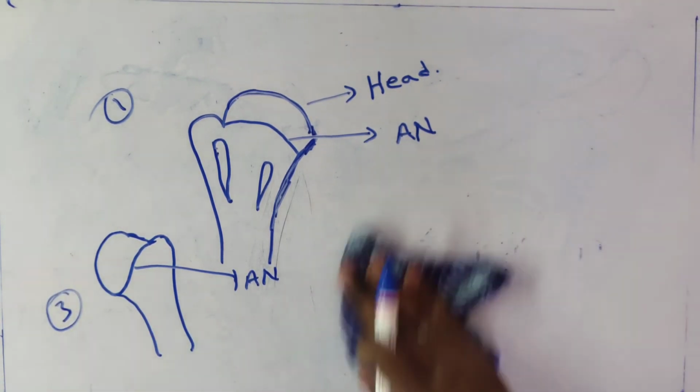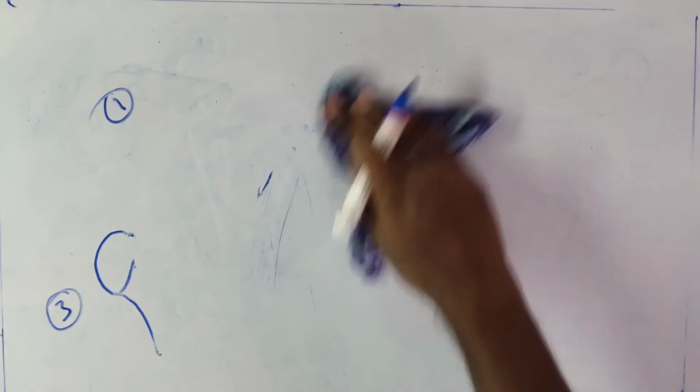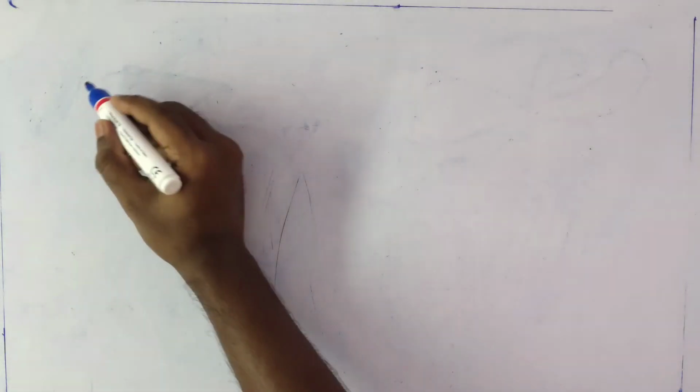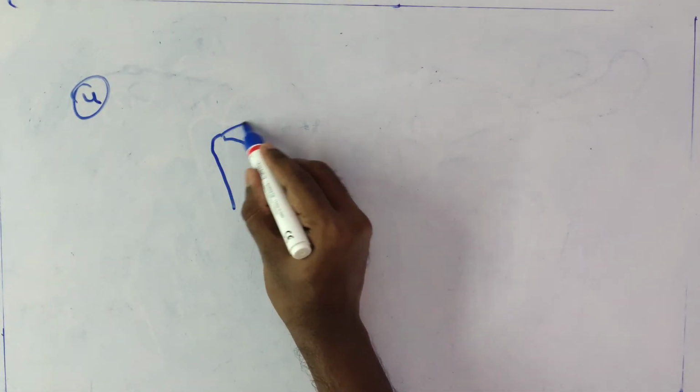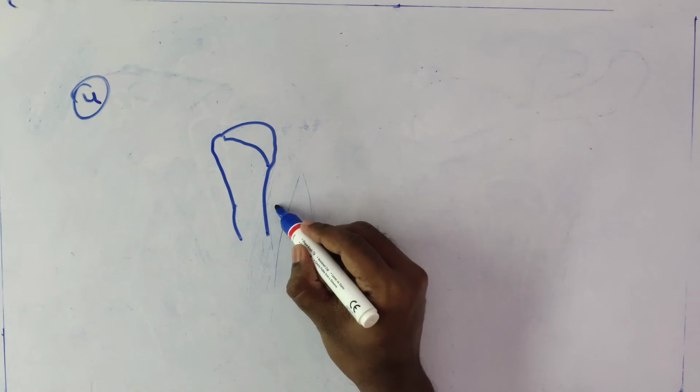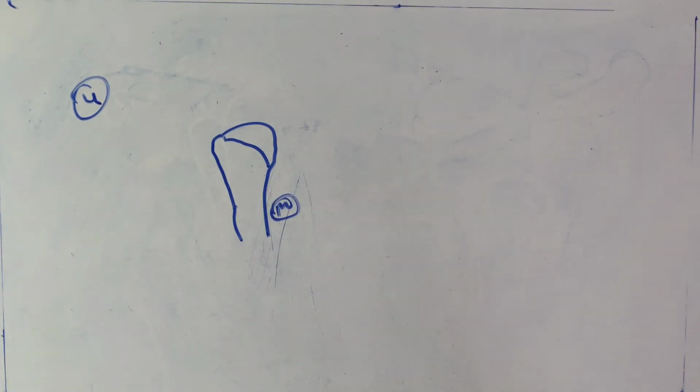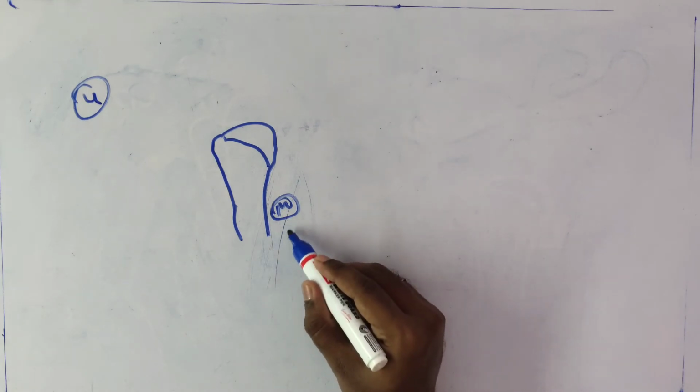Next, if we are writing about the medial surface of the upper end, this is the fourth diagram. If we are writing about the medial side of the upper end of humerus, draw the diagram and label that.